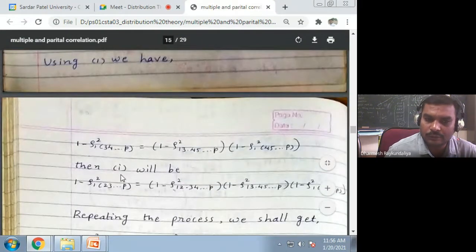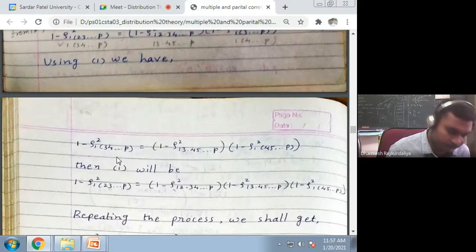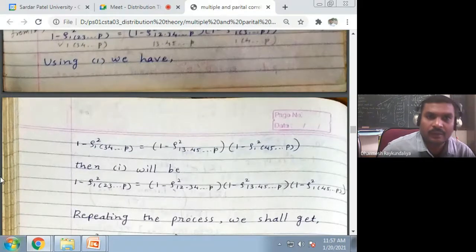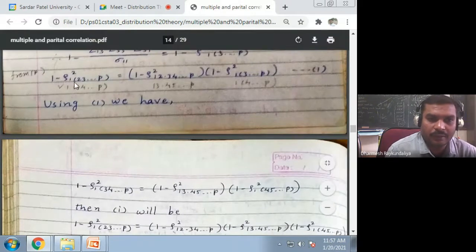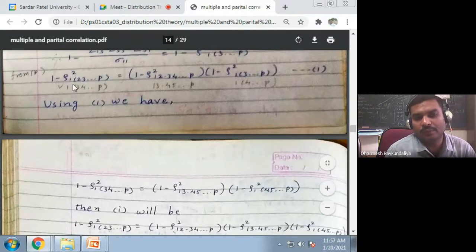So this trend will continue. What will you write? You got this, right? What did you get? This is rho 1 2 3 p, which is nothing but the multiple correlation coefficient square when x1 is regressed on x2, x3, up to xp.